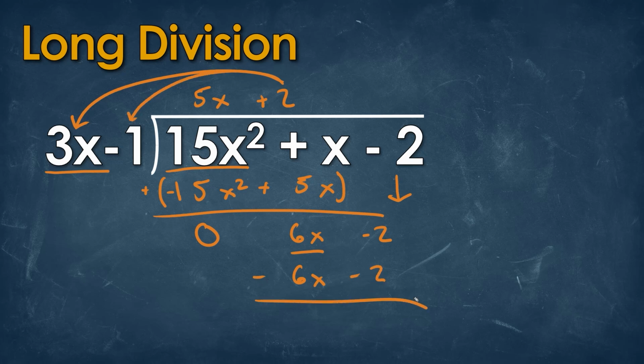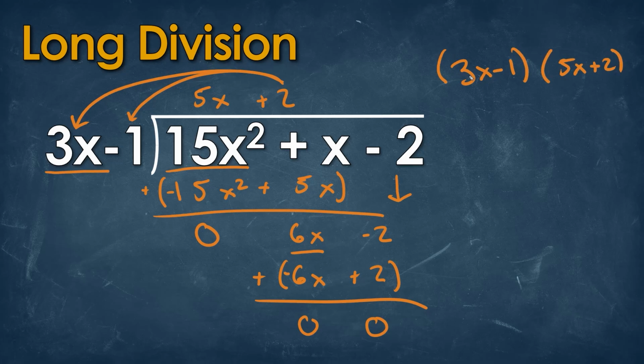If we subtract those, put this in parentheses if that makes it easier, we end up having 0 and 0. So we have a remainder of 0, and what we have is 3x minus 1 in parentheses times parentheses of 5x plus 2. If we multiplied that all out, we would get what's inside of our long division here.